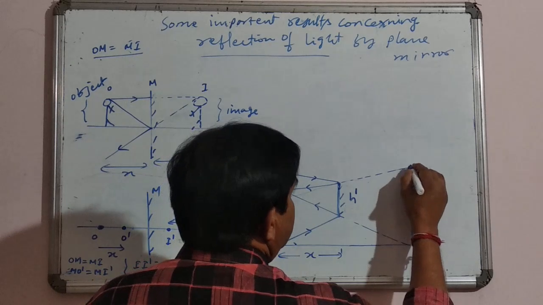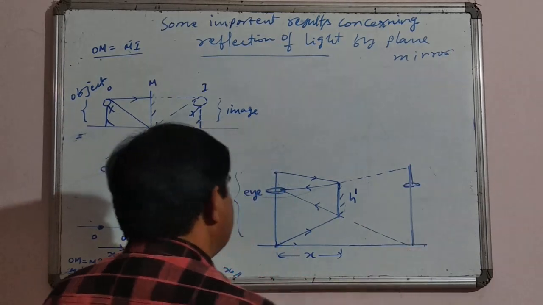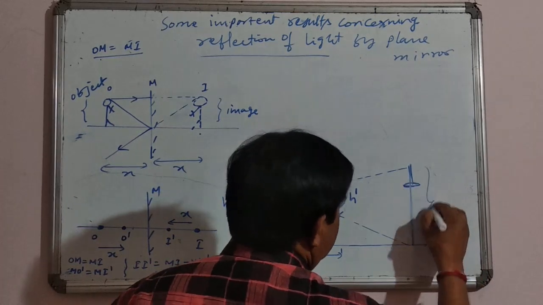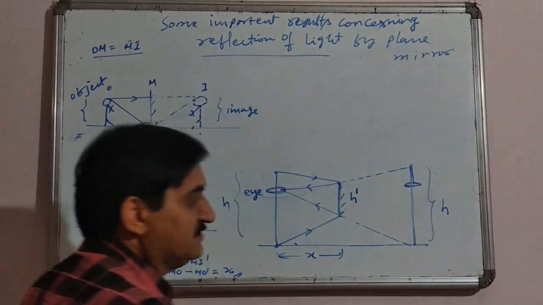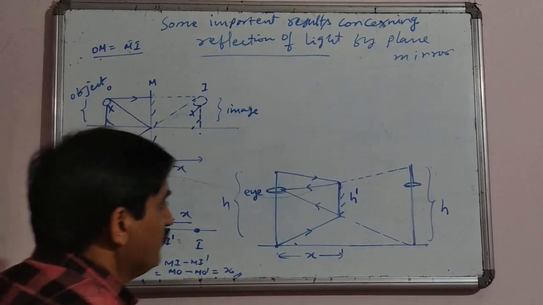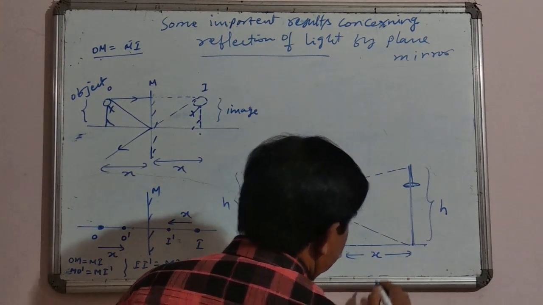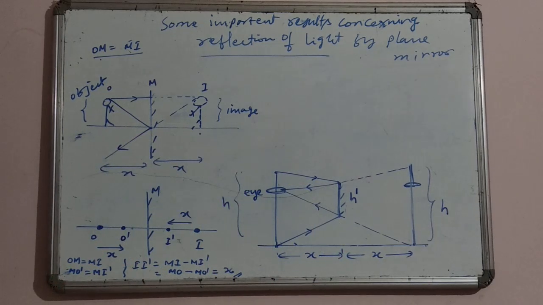Now we already know the condition: height of the object equals height of the image. This is the fundamental already discussed before. Now the distance of the object equals the distance of the image. This was also discussed at the beginning.